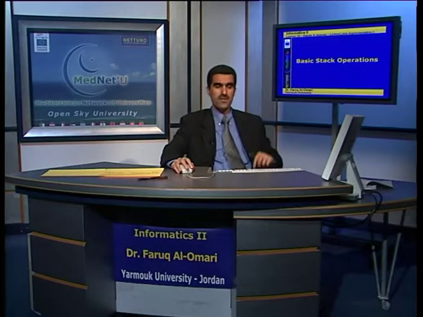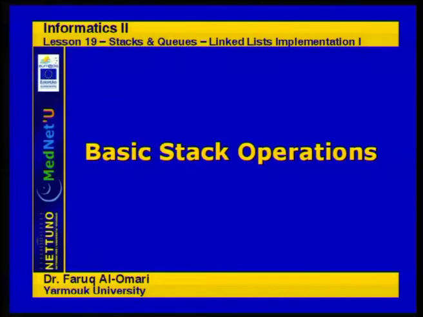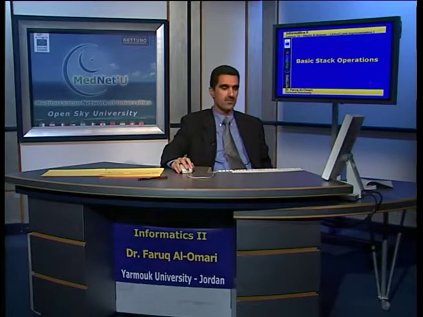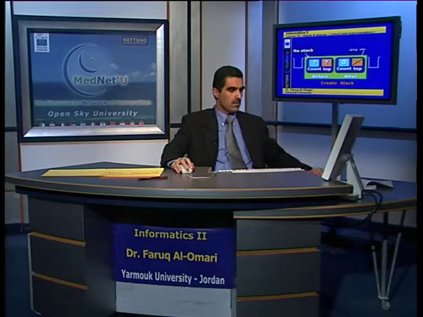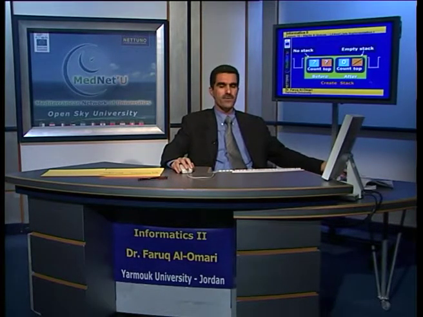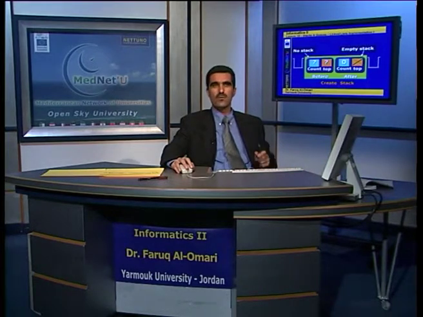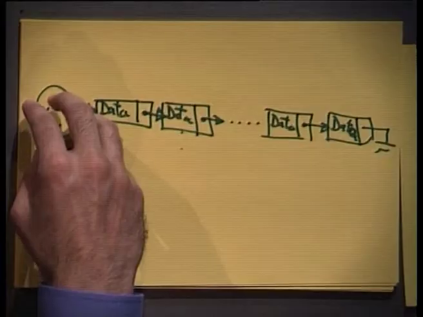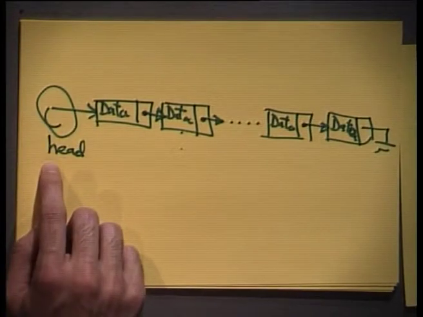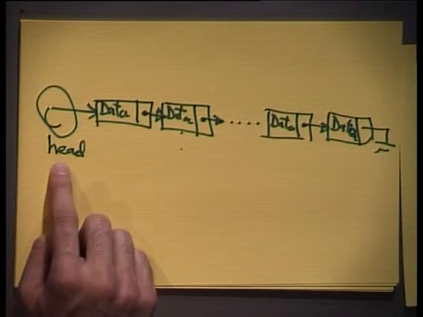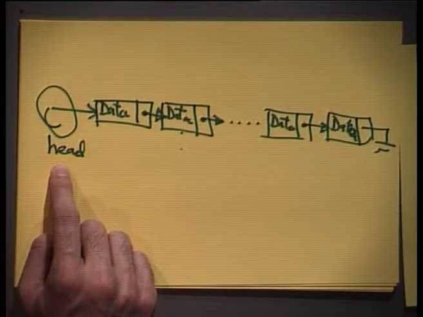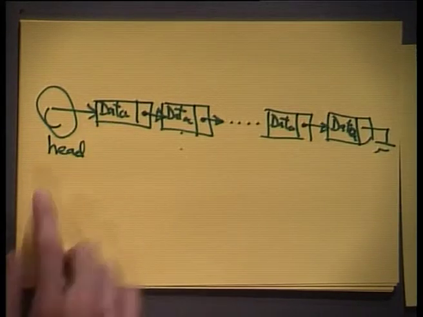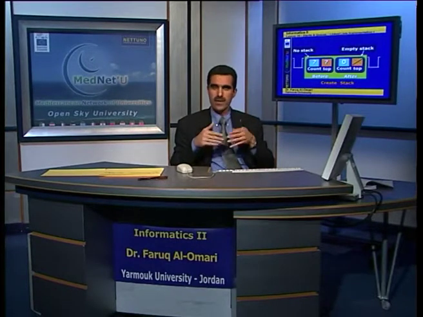Based on this, what are the basic operations that can be defined on stacks? First of all, I need to create the stack. To create a stack, I need to create the structure defining the stack. Basically, I allocate a memory location for the structure, which defines head as a pointer that points to nodes of this type, and an integer that will count the number of entries I have in there.